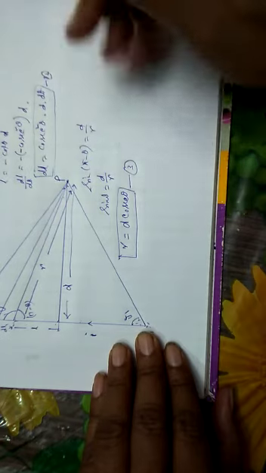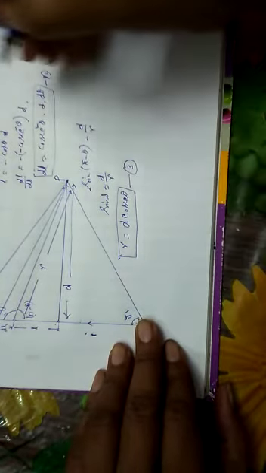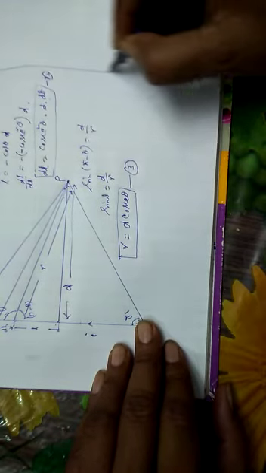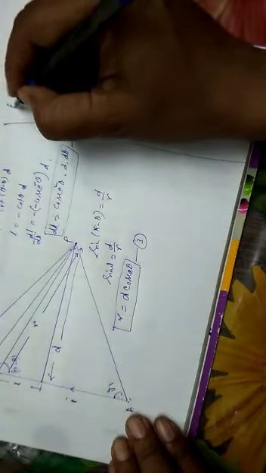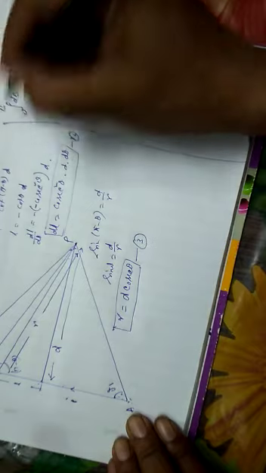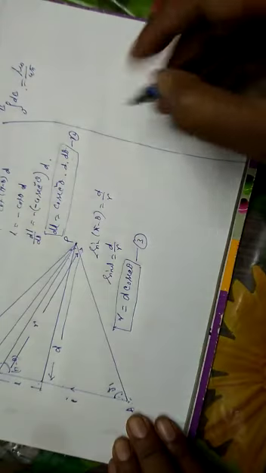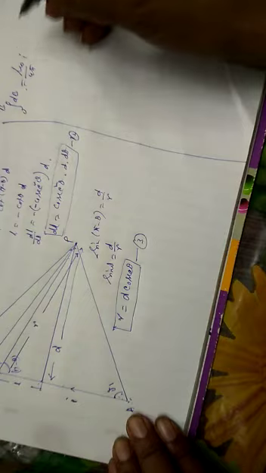This is B2. So putting the value of 2 and 3 in equation number 1, integration of dB 0 to b is equal to mu naught by 4 pi I constant, it is not changing.